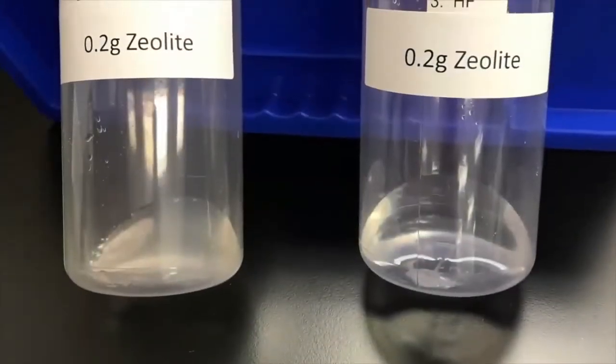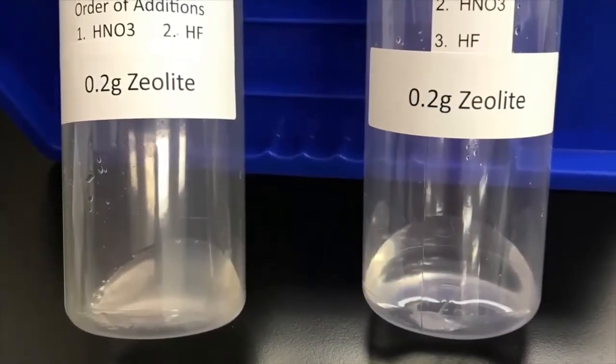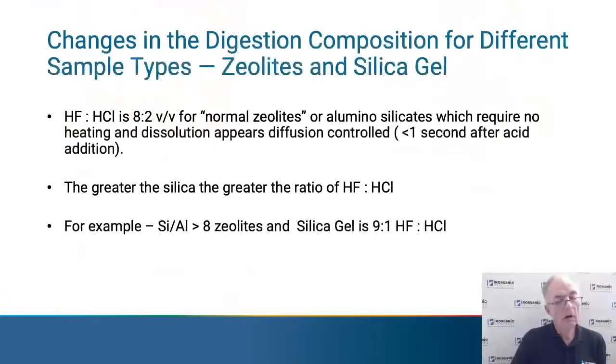Okay, another comparison. Now the video clearly demonstrated that the sample that had water added to it first and allowed for the dispersion of the zeolite and then the addition of a strong acid to hydrate the surface was a significantly faster reaction than the one that had the acid being added first but without the dispersion and the water.